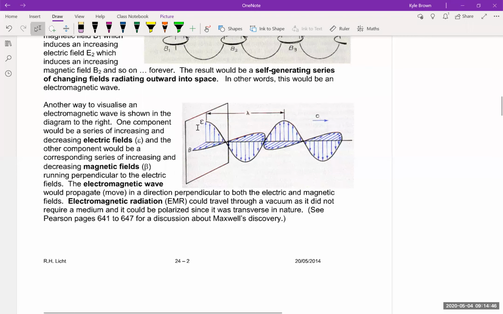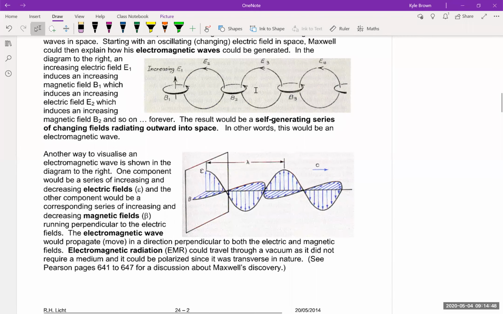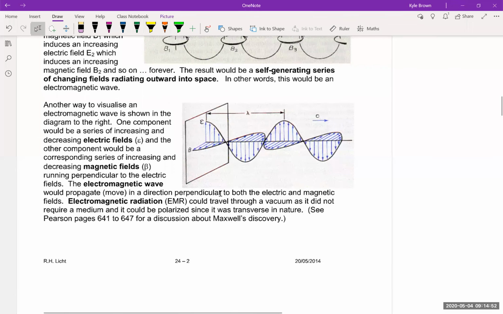I know this picture is kind of hard to see how it turns from that into this, but if this thing is propagating through space, you can picture it as a sine wave. You might not have taken Math 30-1 yet, but this is a sine wave traveling through space, and so is this one, but they're at perpendicular angles to each other. This makes sense actually.